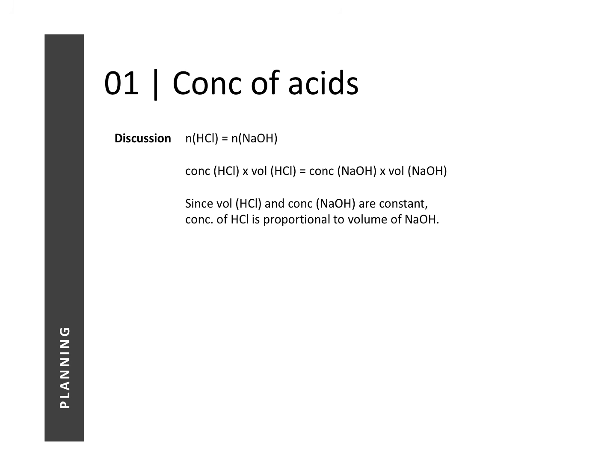Now, another way to explain how we can use the volume of NaOH to determine the concentration of acid is by using equations. This way is more elegant, but you need to be more careful when writing it. When we are looking at the reaction between HCl and NaOH, the mole ratio is 1:1, right?